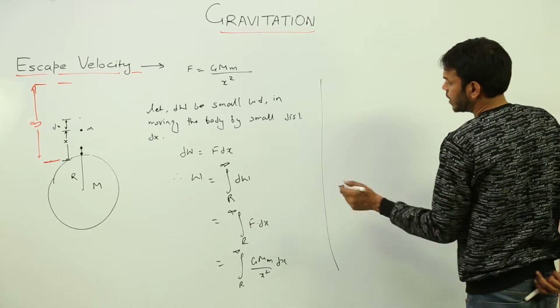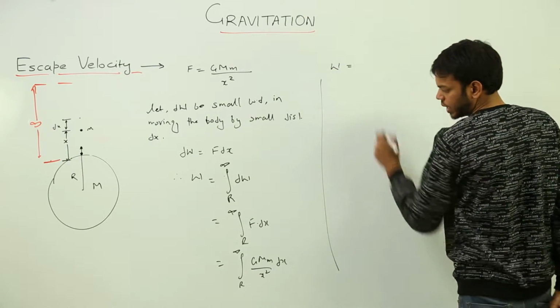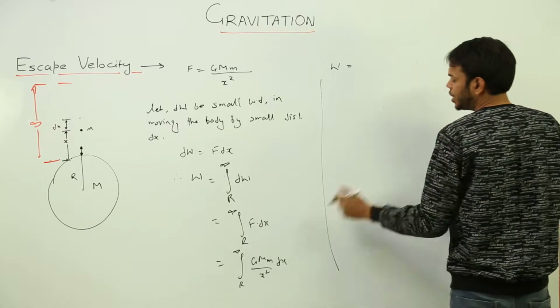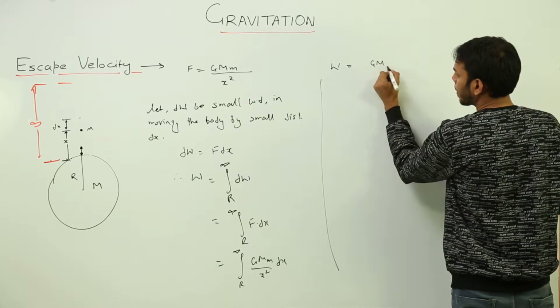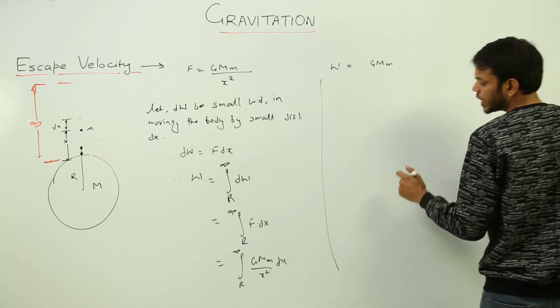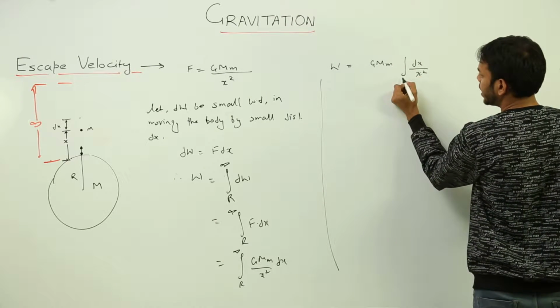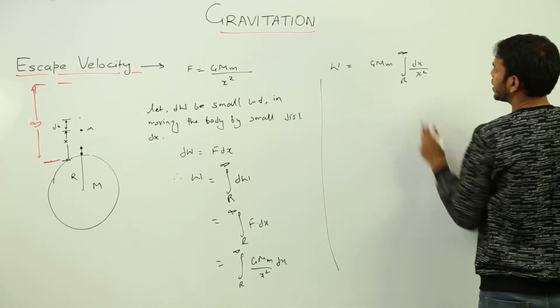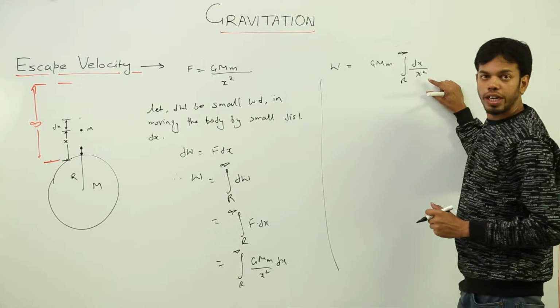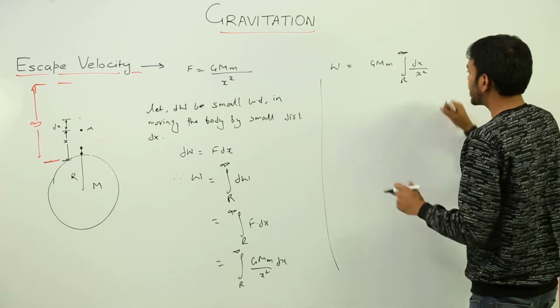So I have this work done is equal to this. GMm can be taken out of the integration, and I'll be left with dx over x square from r to infinity. 1 upon x square is what? x raised to the power minus 2 dx.